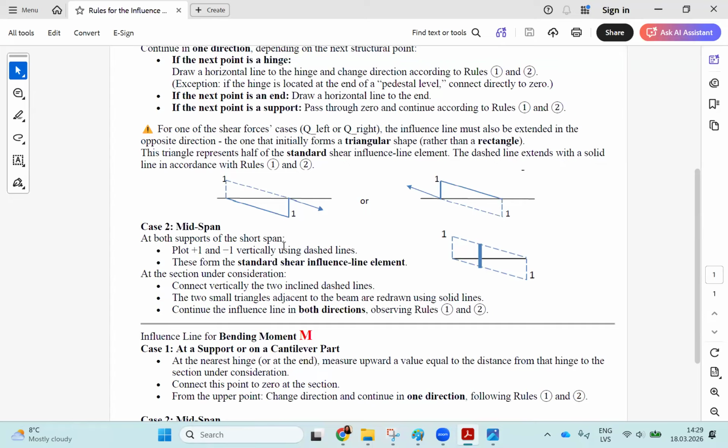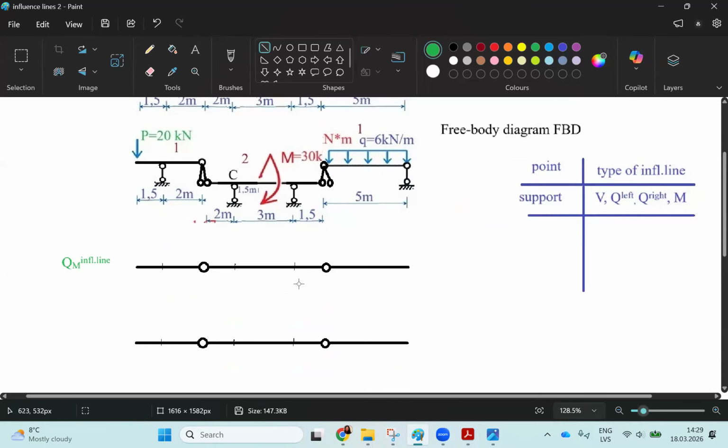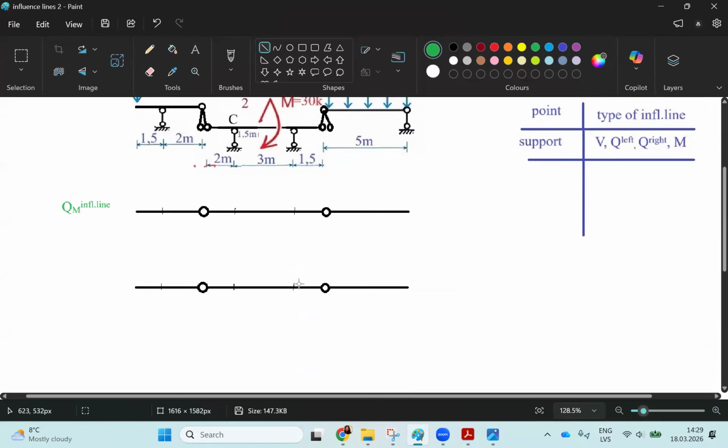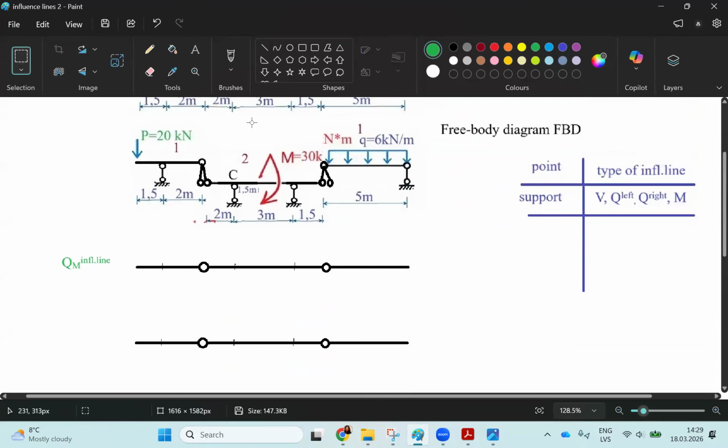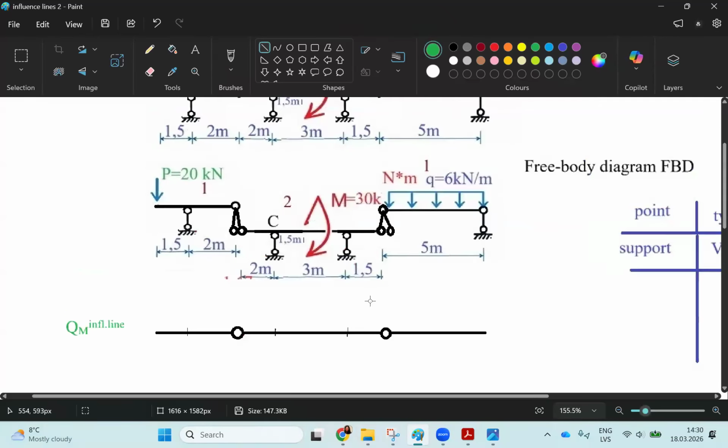At both supports of the short span, sometimes it's hard to recognize where it is like mid-span and where it's cantilever part. That's for the next examples. Okay, no, I was mixing with the bending moment influence line.